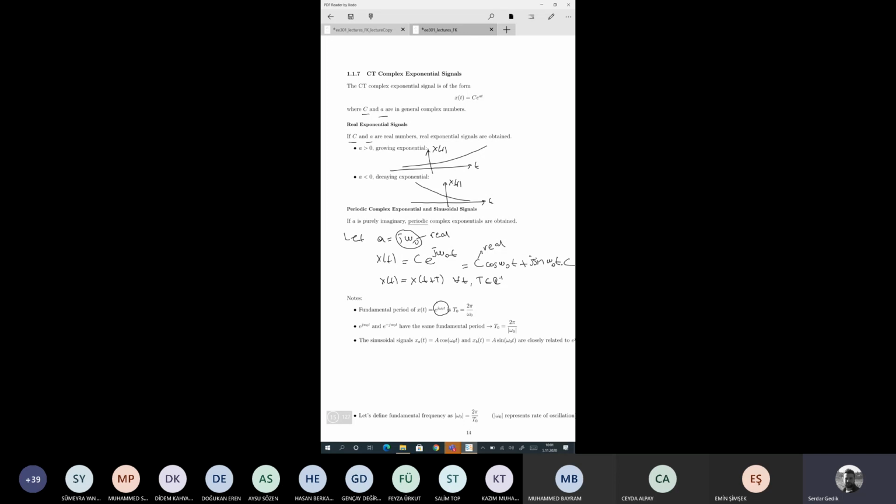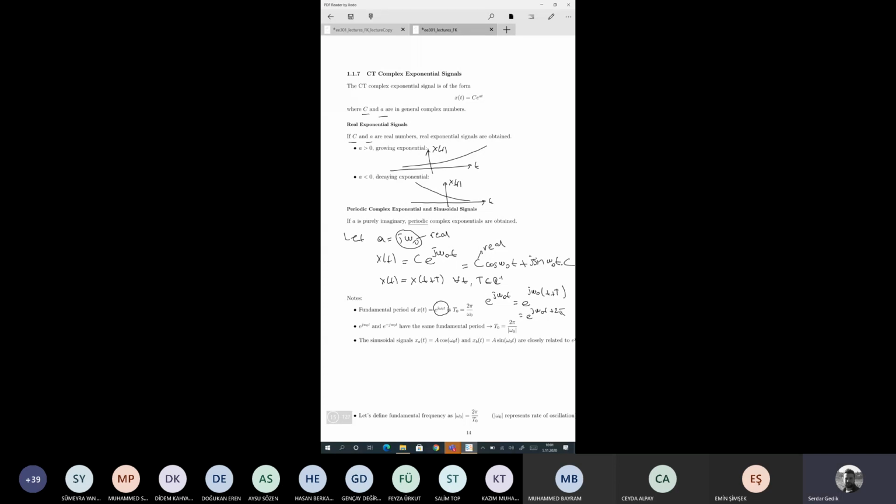If e to the power j omega 0 t is periodic, then it must be equal to e to the power j omega 0 times t plus capital T. And I know that this is equal to e to the power j omega 0 t plus 2 pi, since sinusoidal signals are periodic with 2 pi.